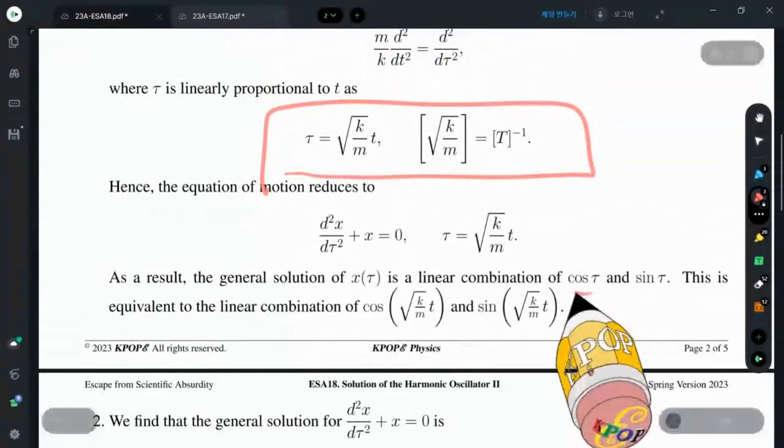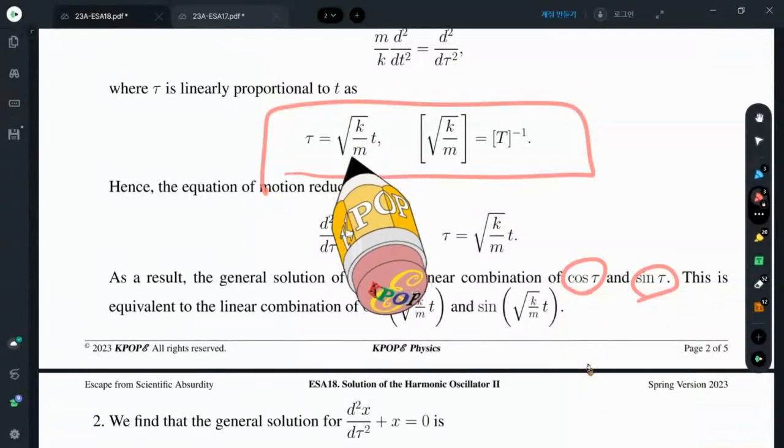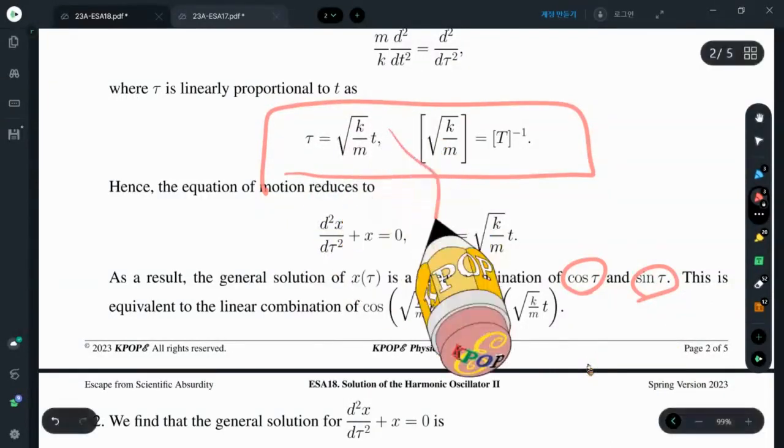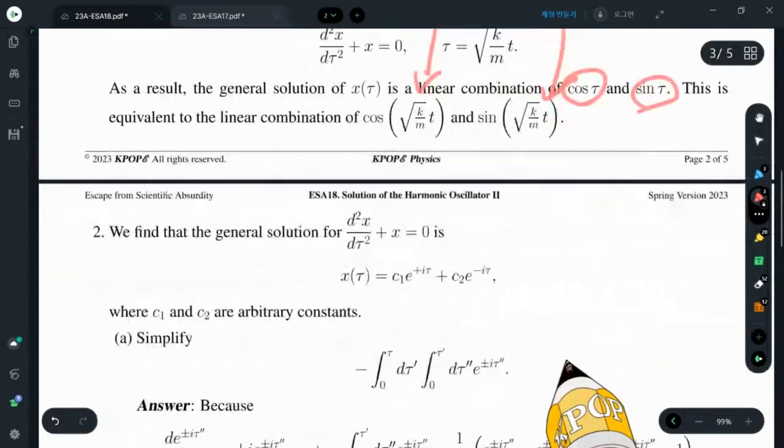Our previous solution was expressed in terms of the scaleless variable tau, but now this physical scale should be turned on, and after that this actual physical function appears.